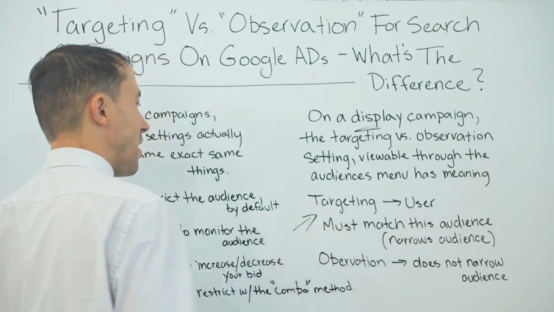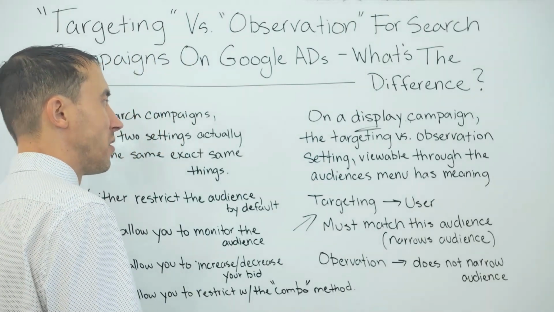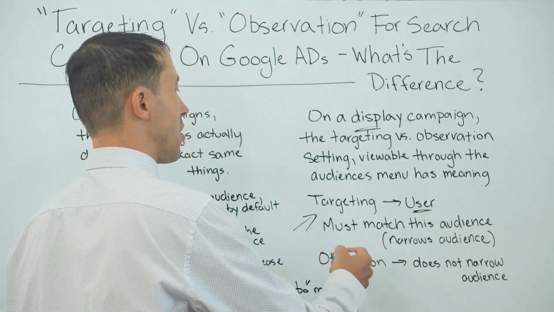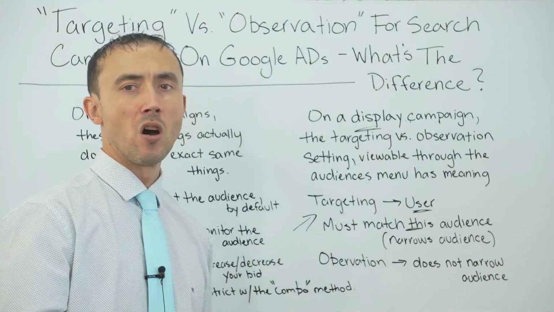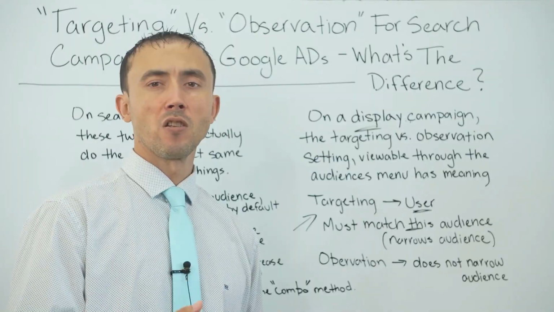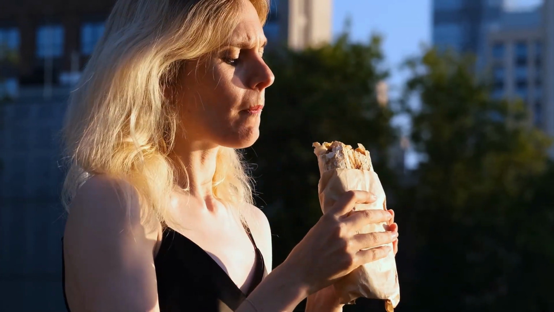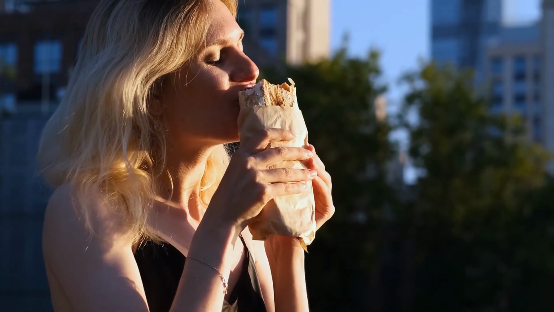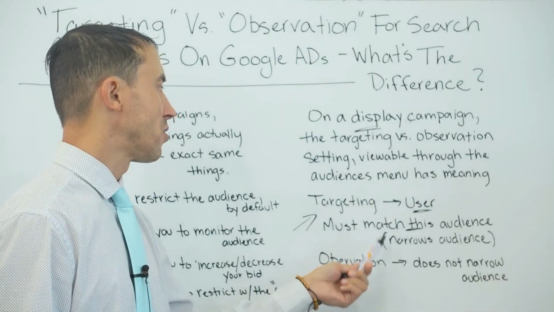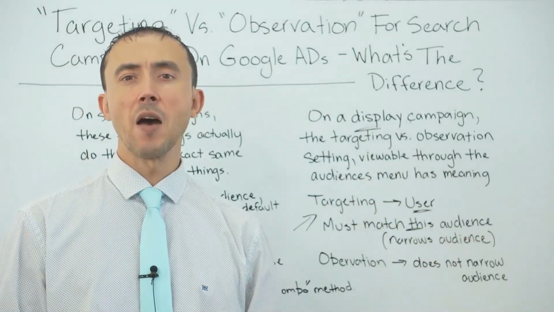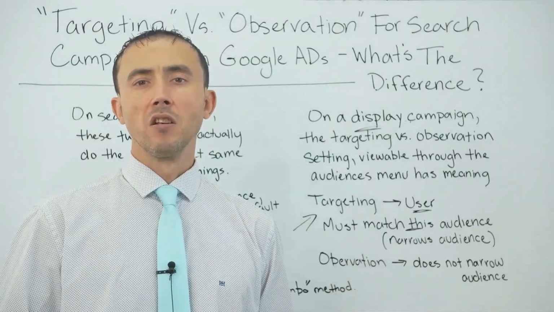But basically for display campaigns, targeting itself, if you choose that choice, will make sure the user must match the audience itself in order for the ad to show. So in other words, if you are targeting fast food eaters as an audience with your display campaign and you have your audience targeting versus observation setting set as targeting, the big part of where this comes in is when you have more than one targeting option.